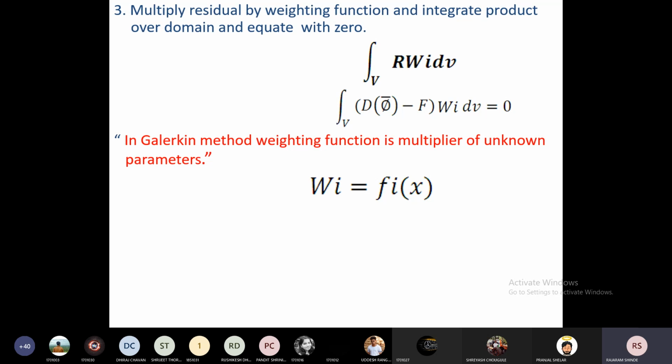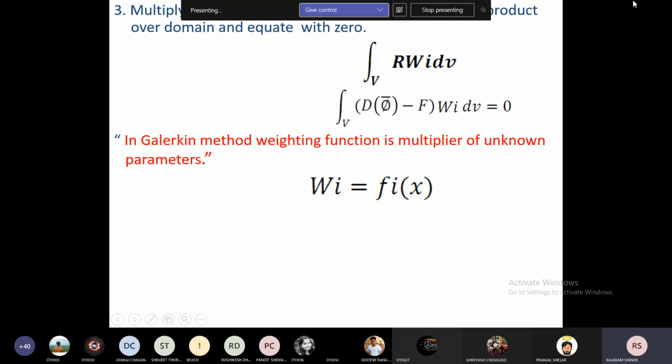Now we will turn towards the finite element method. In the finite element method, what are we doing?